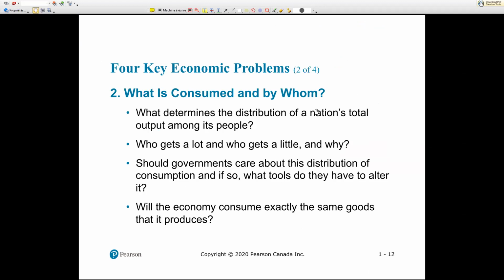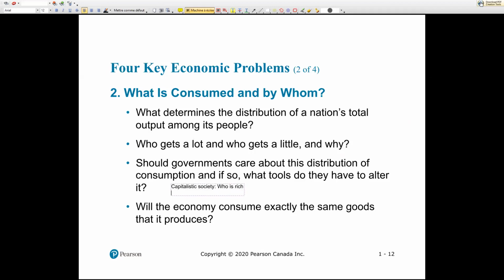So what is consumed by whom? Yes. So if you're in a capitalistic society, who is rich? Should you think sometimes services can be included as well?